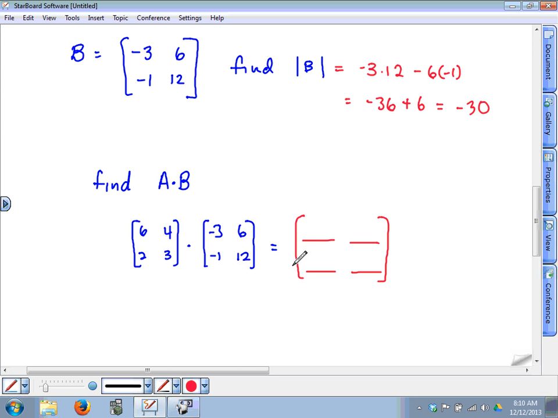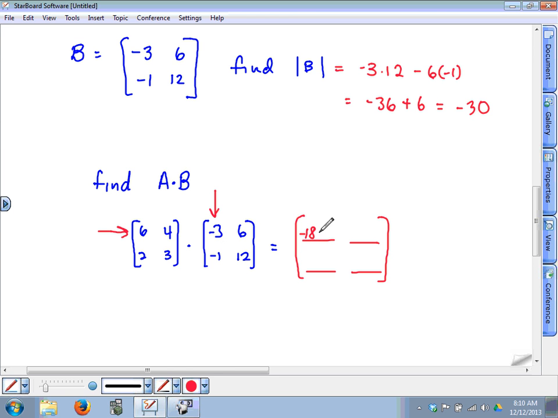That is the first step, you get the first quadrant. If you want this entry right here, the first thing to do is to multiply 6 by -3 and then 4 by -1. You need this row and that column. 6 times -3 is -18.